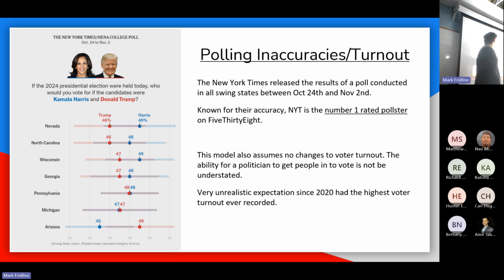Continuing, this model also assumes no changes to voter turnout. Since the prior distribution is based on the 2020 election, we're also assuming the same voter turnout in this election, which was just an unrealistic expectation, given the nature of this election. We had 2 assassination attempts. Kamala Harris only had 107 days to figure her stuff out.